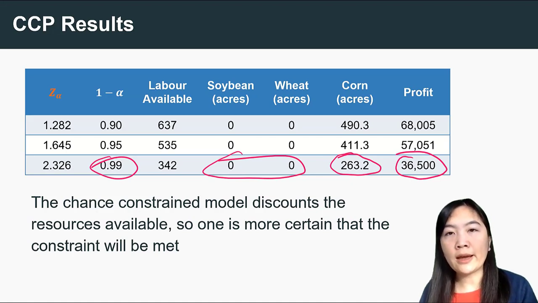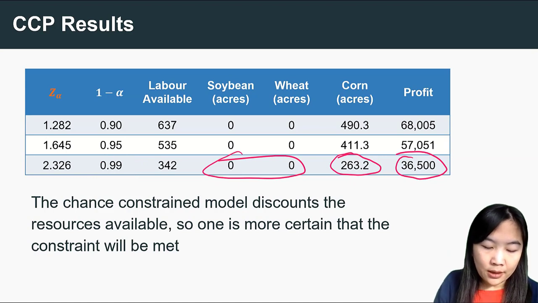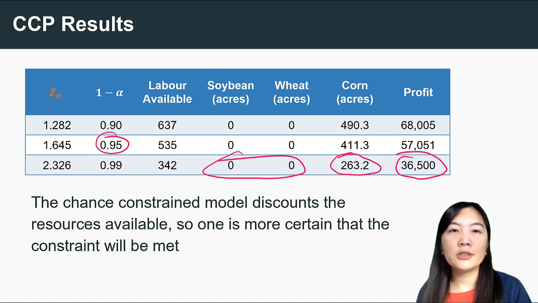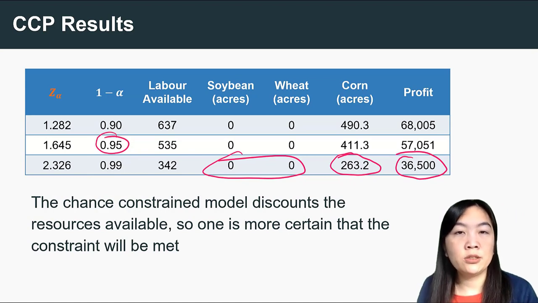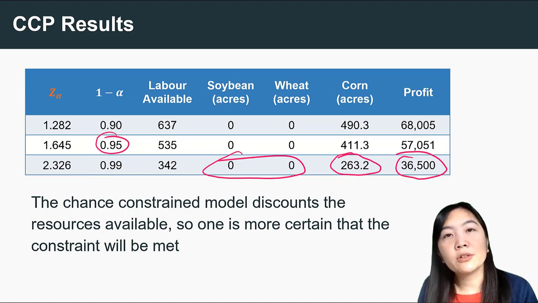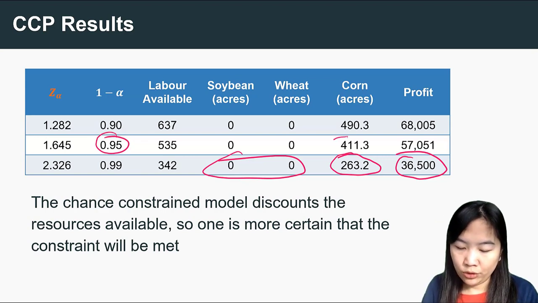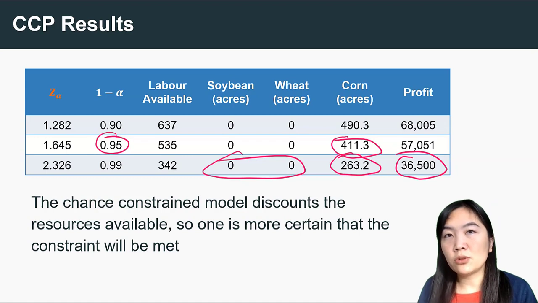However, if you relax your confidence level a little bit, for example, this time you say, oh, I don't need to be 99% sure, I'm okay with 95% sure, then you will grow a little bit of corn and your profit got higher.